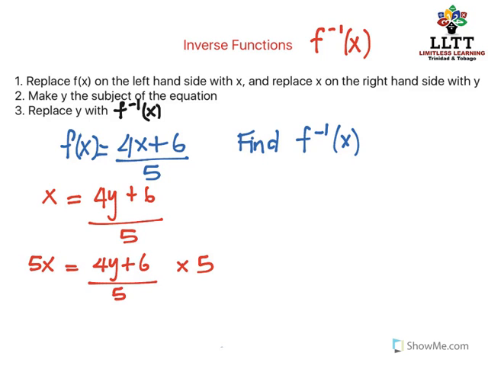Then I have 4y plus 6 over 5 multiplied by 5. Sometimes you'll put a dot so that you don't get confused between x and multiplication. So I'm multiplying by 5, or 5 over 1. So basically, these 5's will cancel, and what I'm left with is 5x is equal to 4y plus 6. So now I'm going to take 6 from both sides.